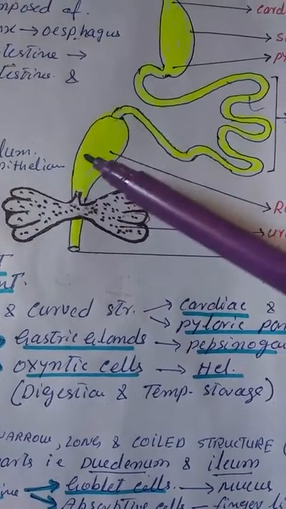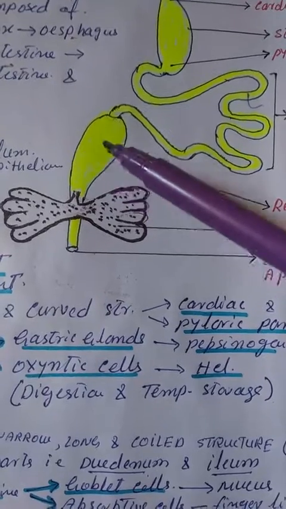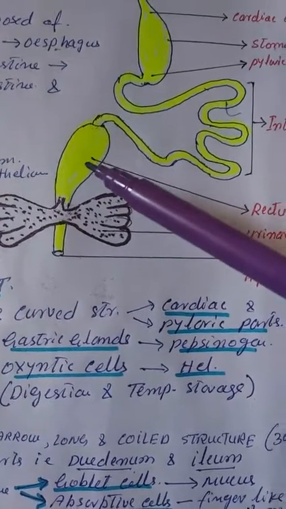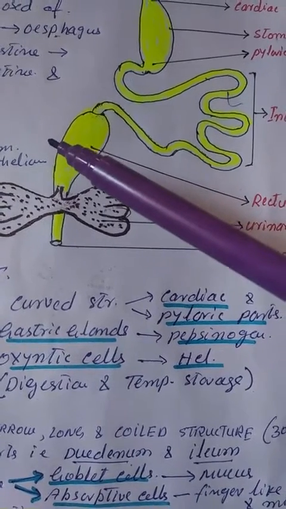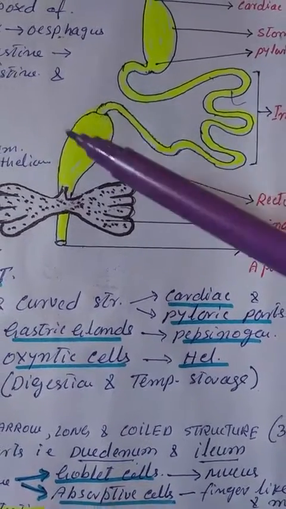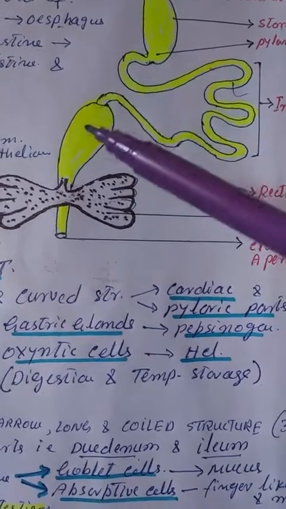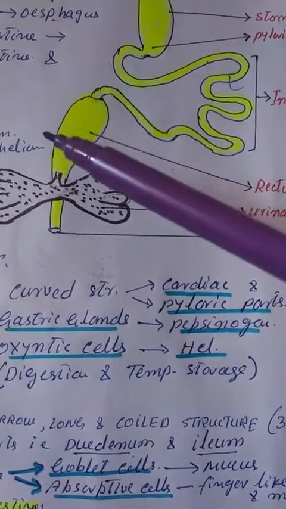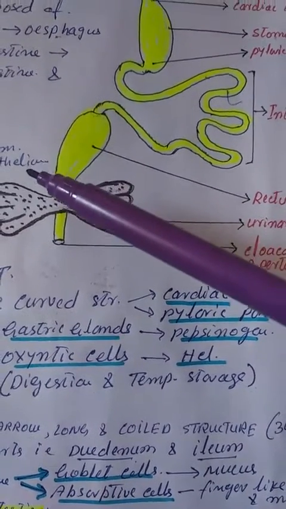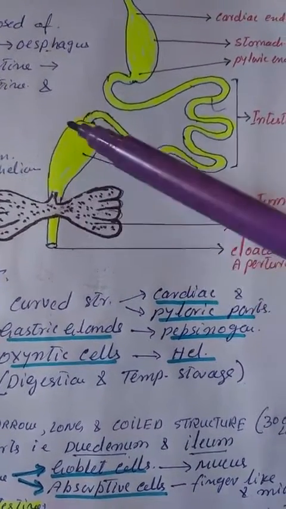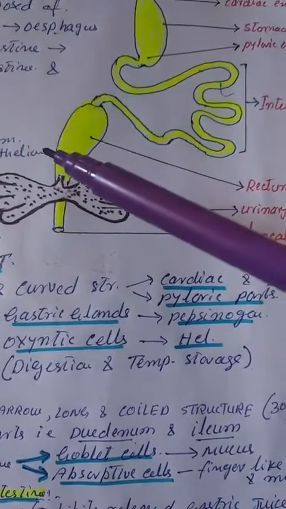The first important function of the rectum is the absorption of water, like that of the large intestine. The second important function of the rectum is storage of feces or fecal matter.